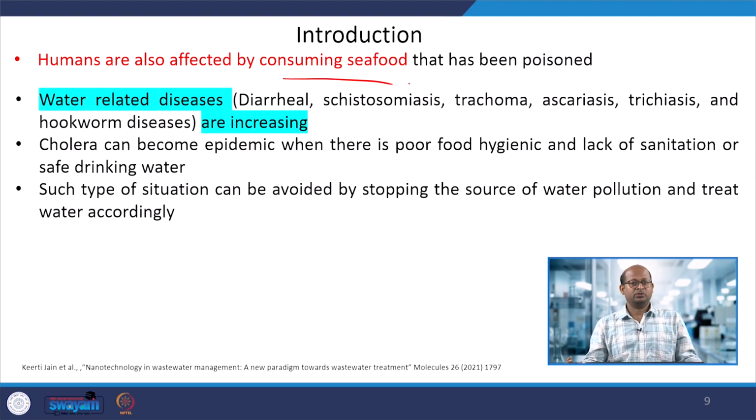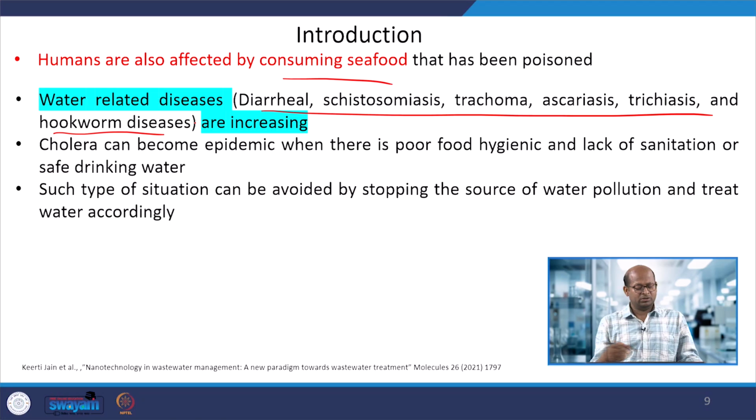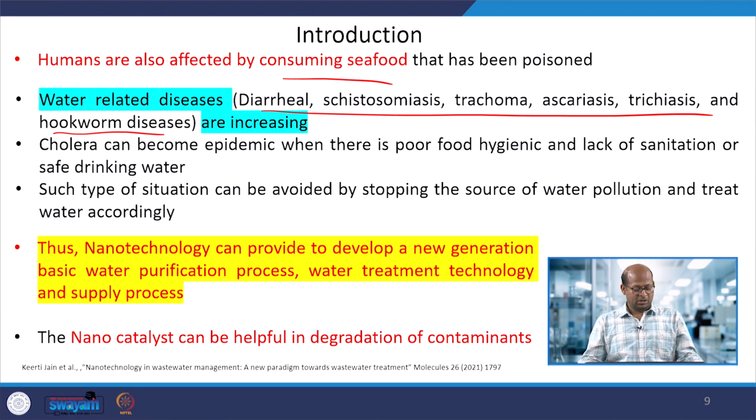Through that, heavy metals, metal ions and pathogens come into the human body. Therefore that causes many kinds of disease, such as diarrhea and trachoma; different diseases may appear due to these contaminations, metal ions or other components present in water.